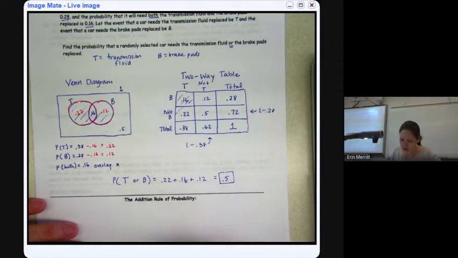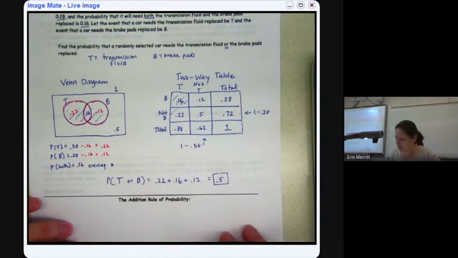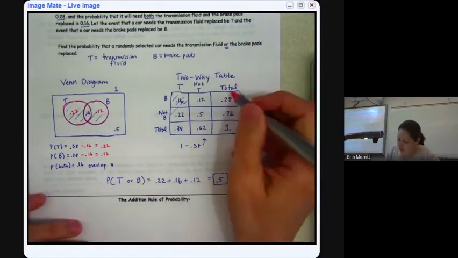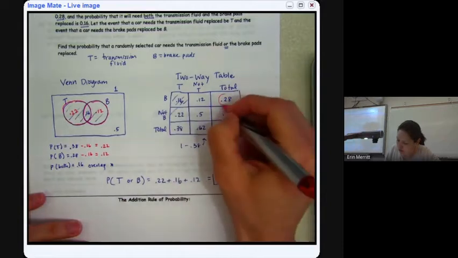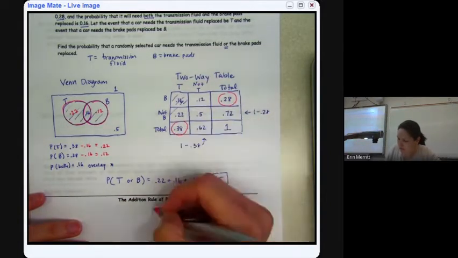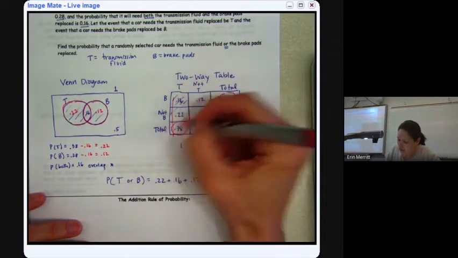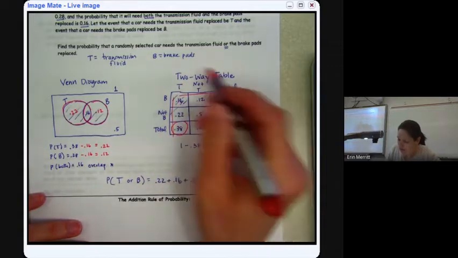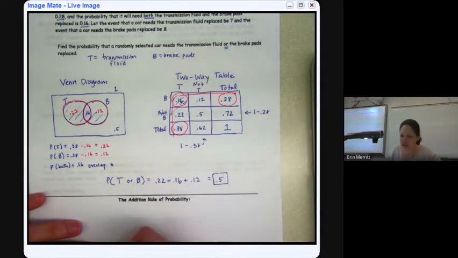The other way in which you could see this is to say, well, I want everybody that's getting the brake pads, that's 0.28, and everybody that's getting the transmission fluid. But if I add this total and that total, what you'll see is that the 0.16 has been counted twice.